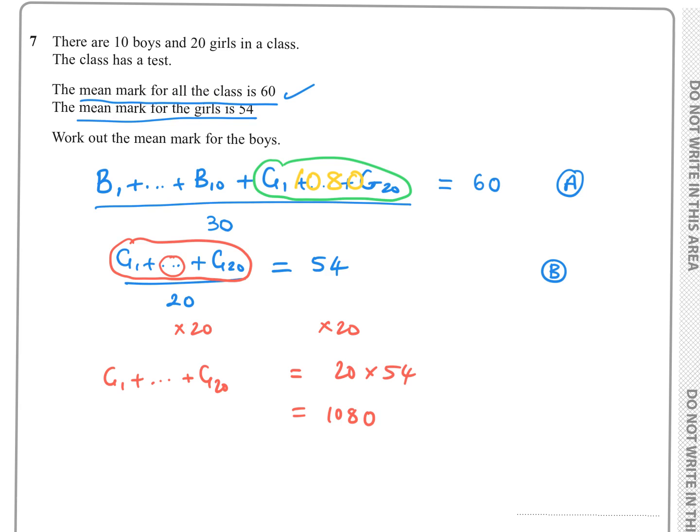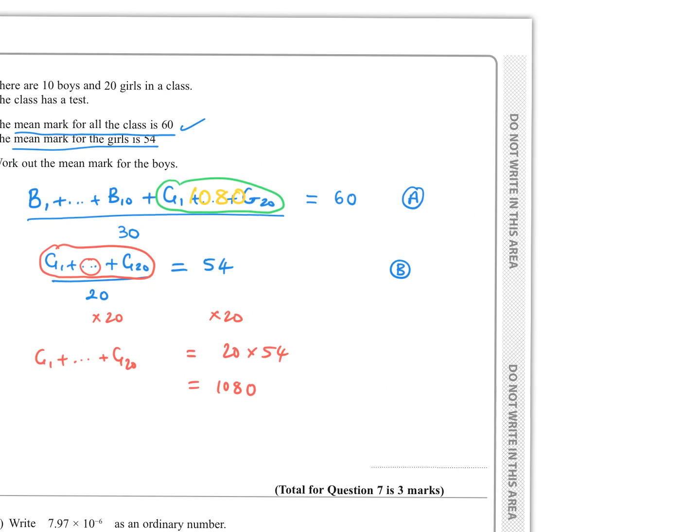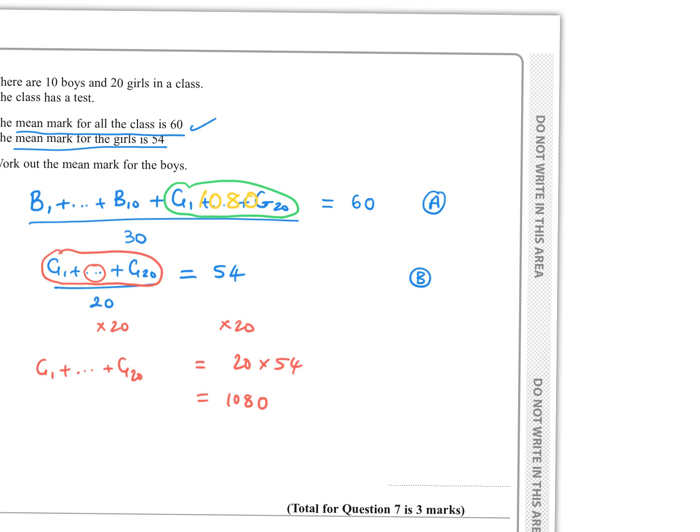So I'll just neaten this up a little bit. And so if we write equation A, again, we would have all of the boys plus now 1080, all divided by 30, would be 60.